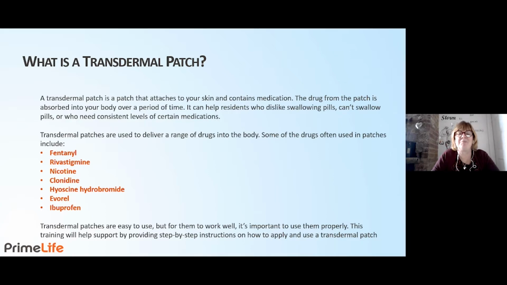I hope I've pronounced that properly. Evorel, which is a hormone replacement therapy, and ibuprofen, which is an anti-inflammatory used to reduce swelling.